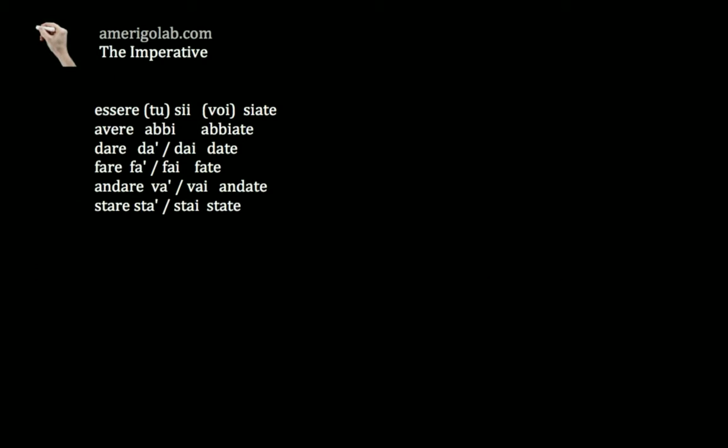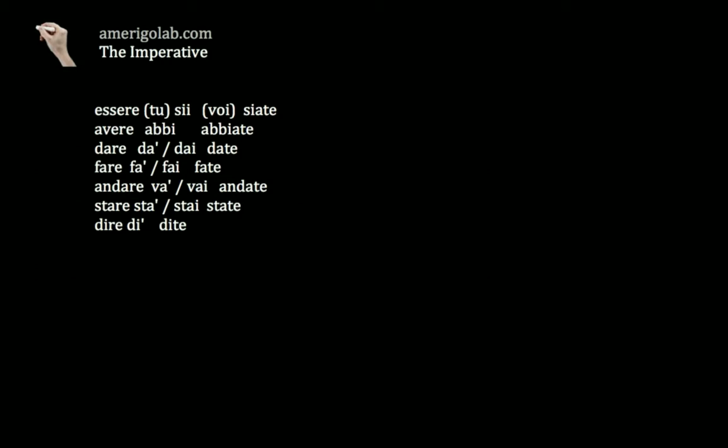And then the last one is the verb dire, to say, and we have for the tu form di' with the apostrophe, and for voi we have dite. Okay, you must memorize them. In terms of affirmative and negative, they just follow the general rules.